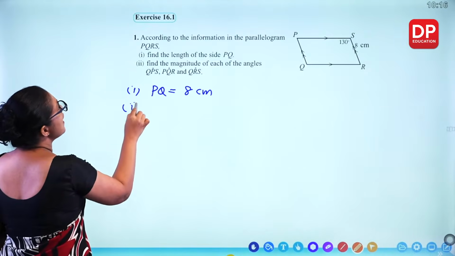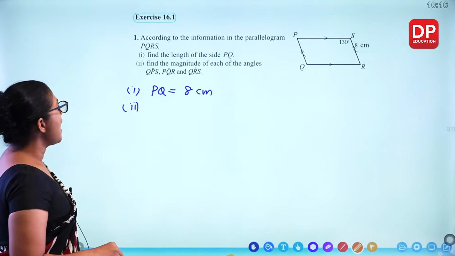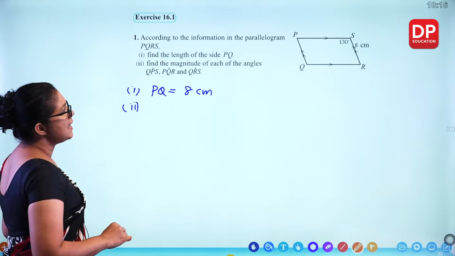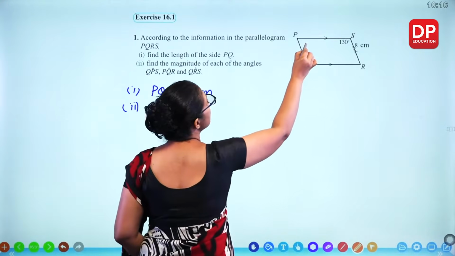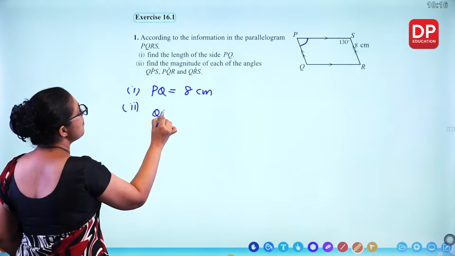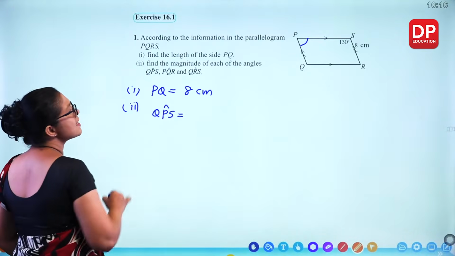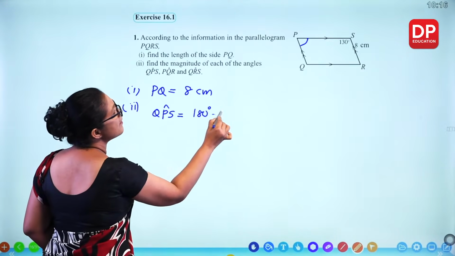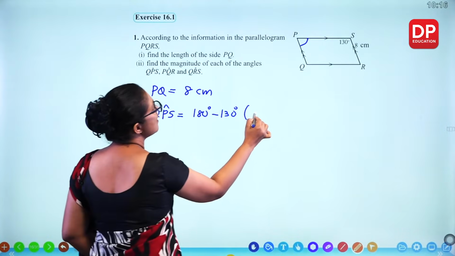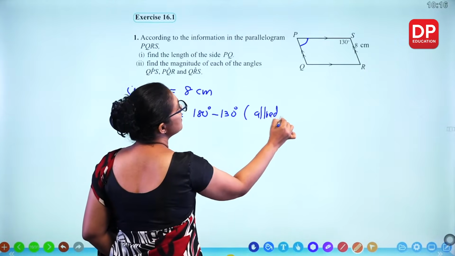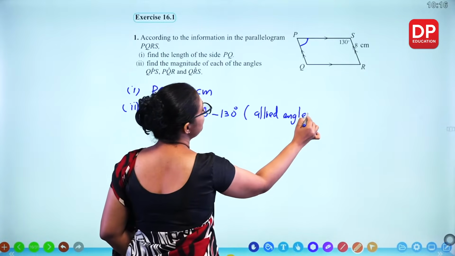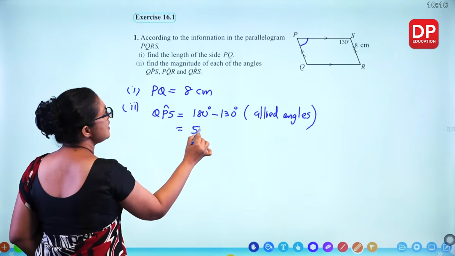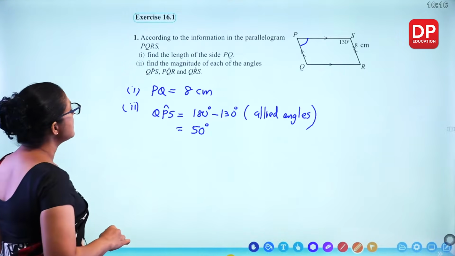Second part, find the magnitude of each of the angles. QPS, this angle. So QPS angle is 180 minus 130 because those are allied angles. 180 minus 130, it's 50 degrees.